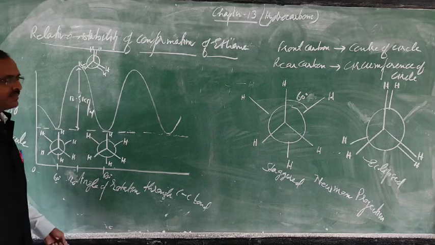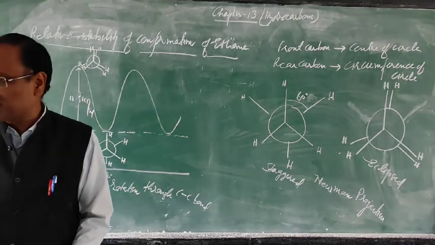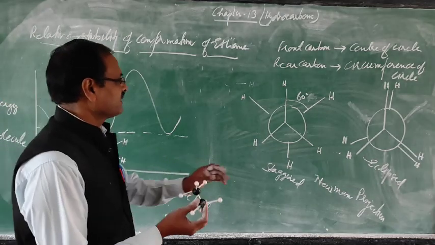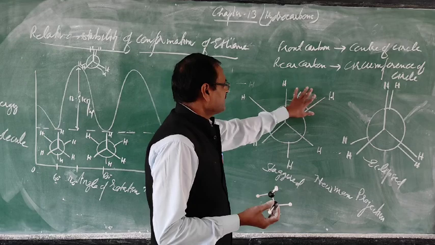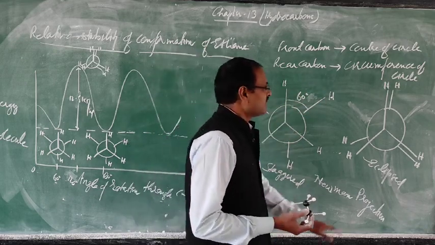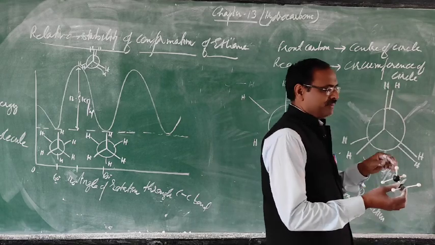Now just to see the stability, which one is more stable? This one is staggered. In the staggered form, the distance between the hydrogen atoms is maximum, so that's why it is more stable. But in eclipsed, they are at minimum distance.